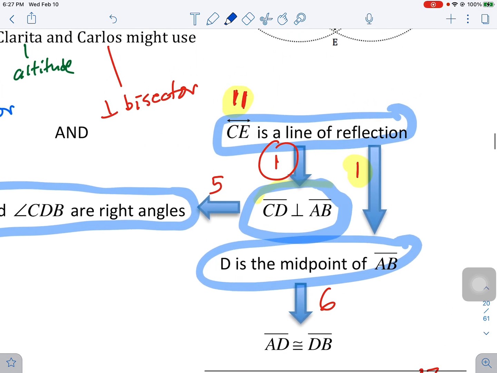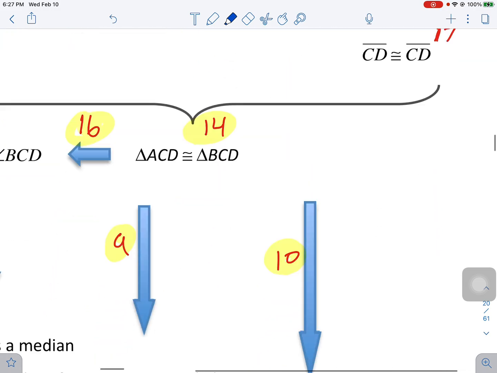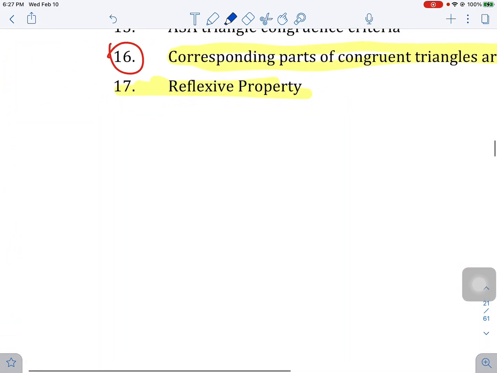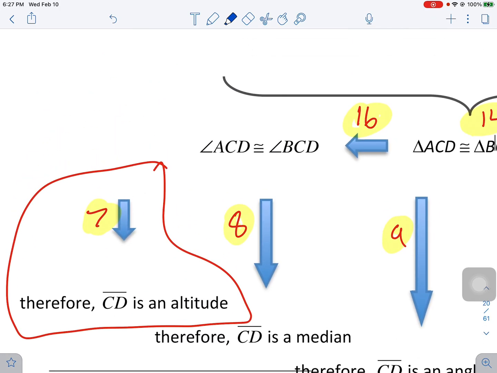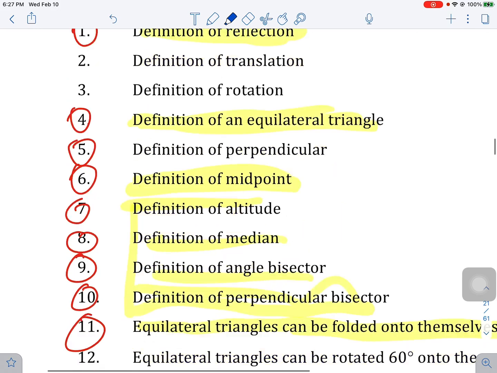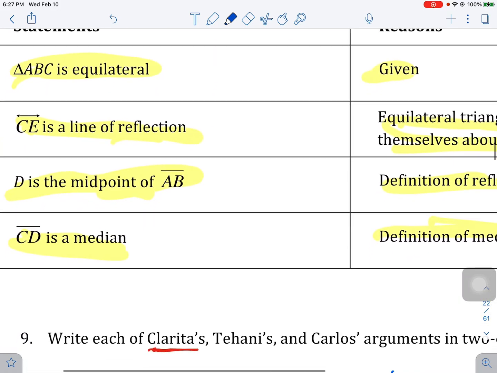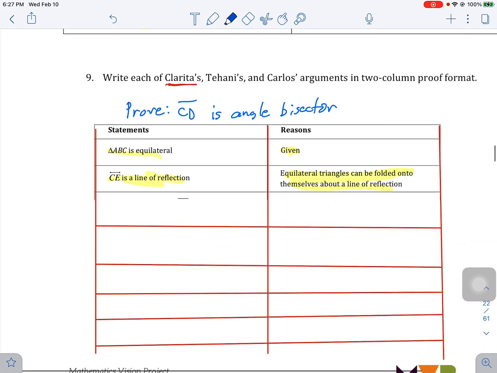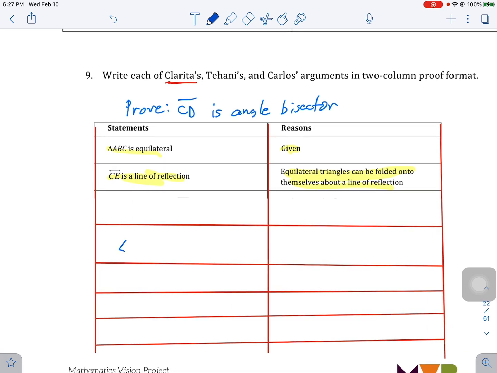So, let's look at the reason. CD is perpendicular to AB, and then we can say angle ACD is congruent to angle BCD, and that was because right angles are congruent.